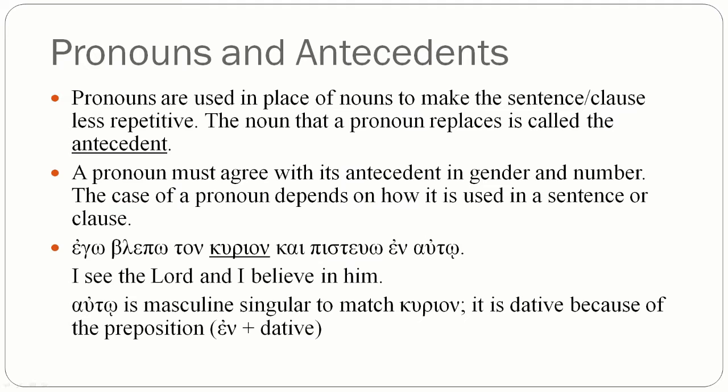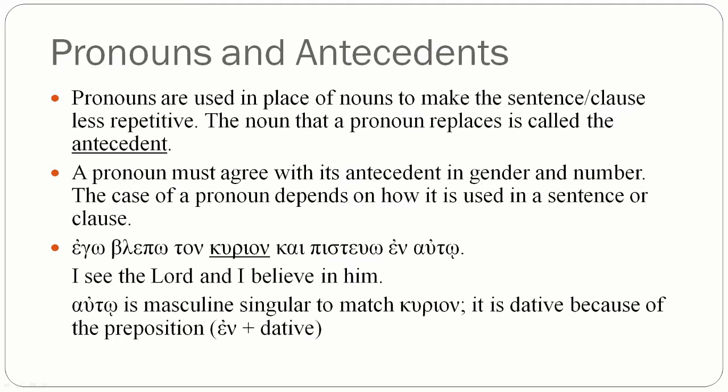So be kind of careful with these, okay? This can get a little bit tricky. When you had the definite article or the adjective, those are pretty easy to tell, right, which noun they go with because they must agree in gender, number, and case. With these pronouns, they do not have to agree in case, so you might have to do a little bit of searching for the antecedent, rather.